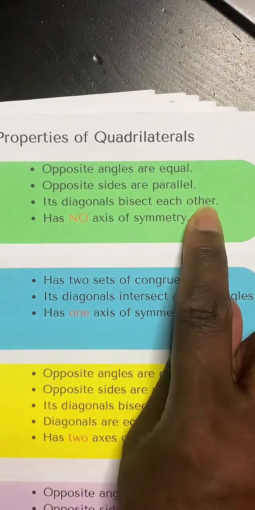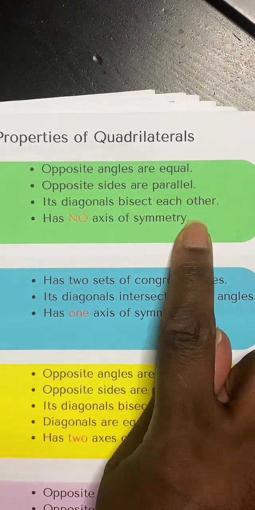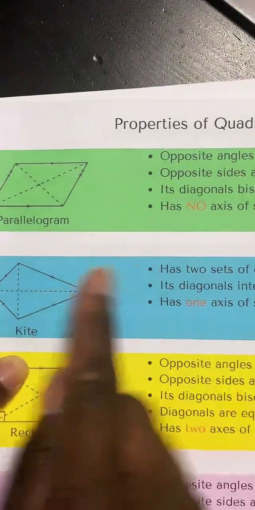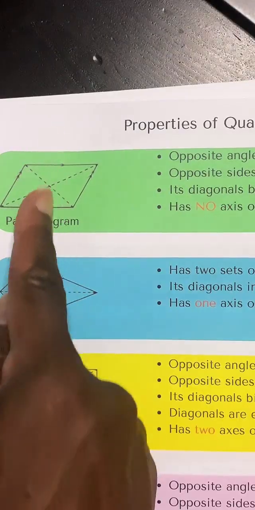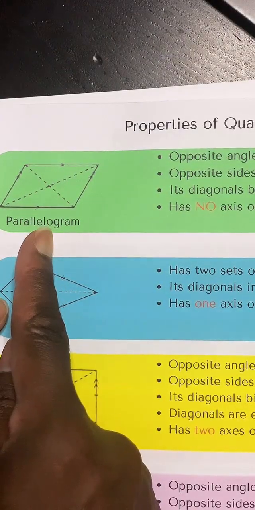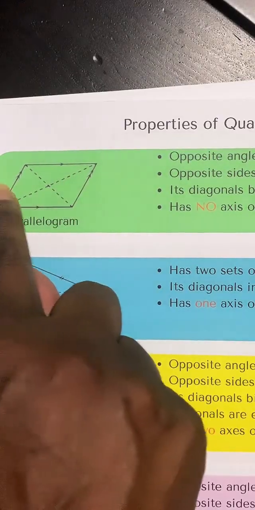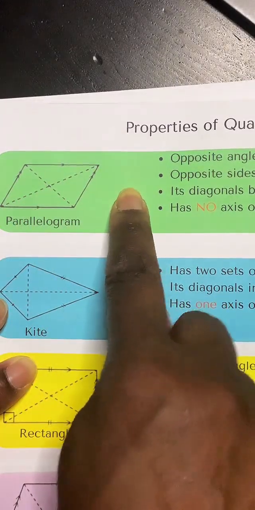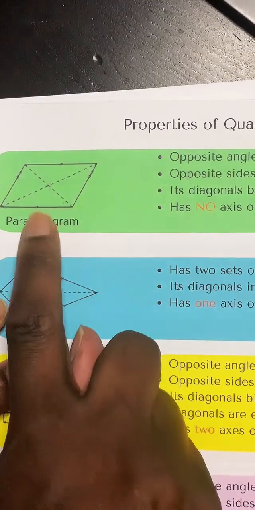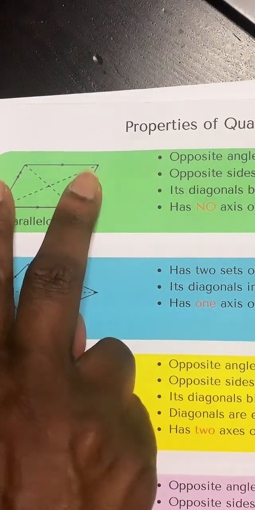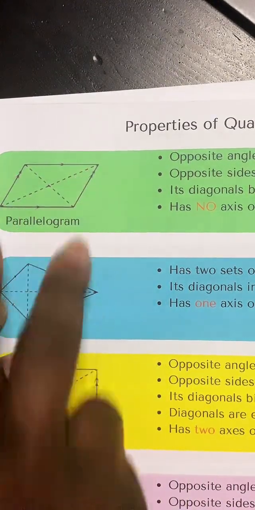Their diagonals bisect each other, and it has no axis of symmetry. So if I try to cut it in half like this, this side is not going to match that side. And even if I cut it right in the middle that way, that top side is not going to be the same as that bottom side because of the shift.